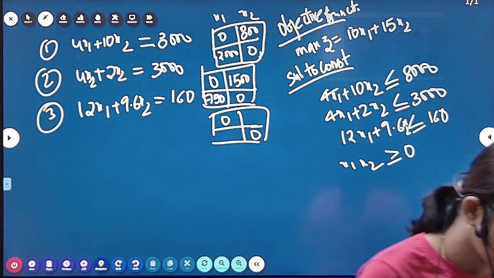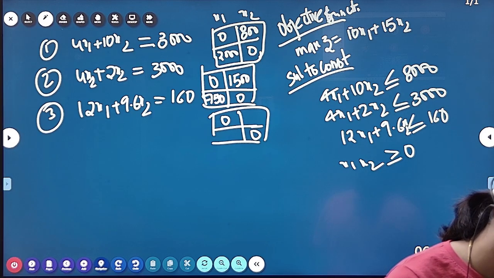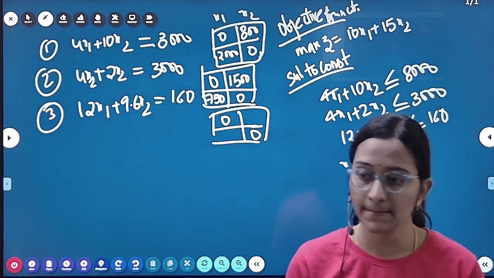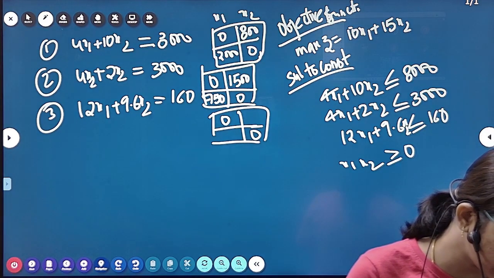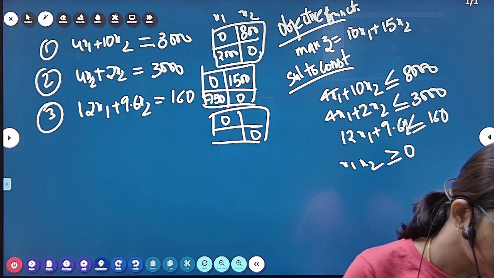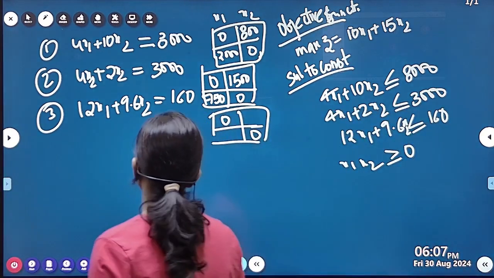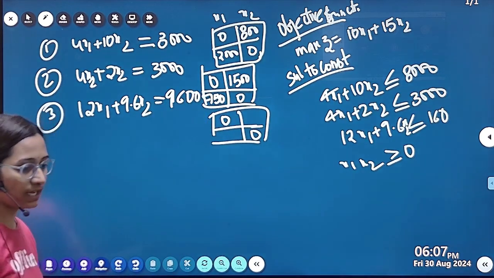She is converting hours into minutes. Okay, 160 into 60 minutes. Fine, take that. But this method is not as given in your book.